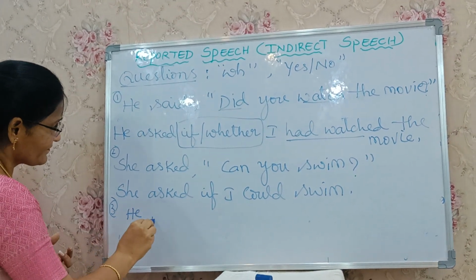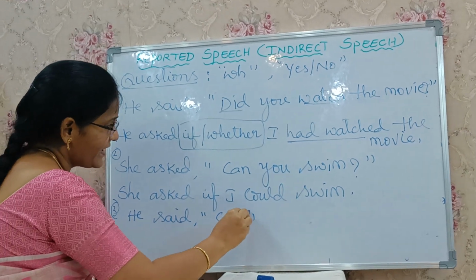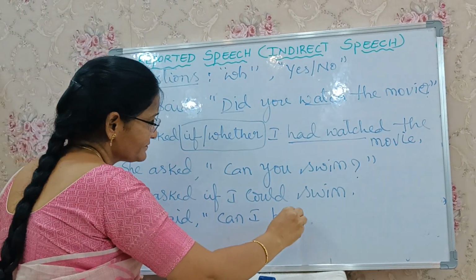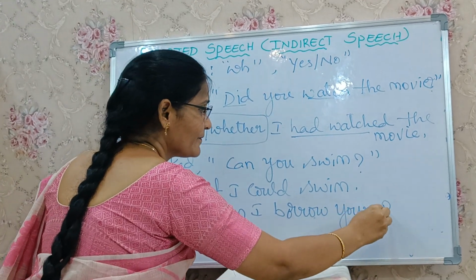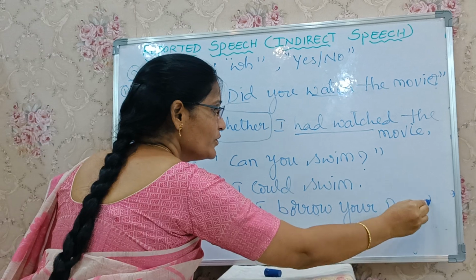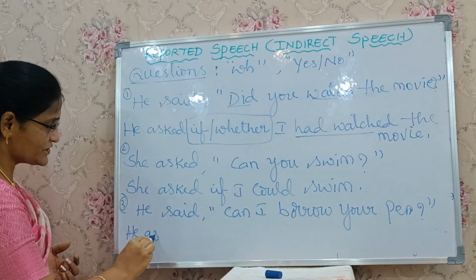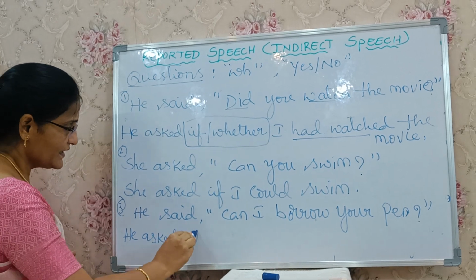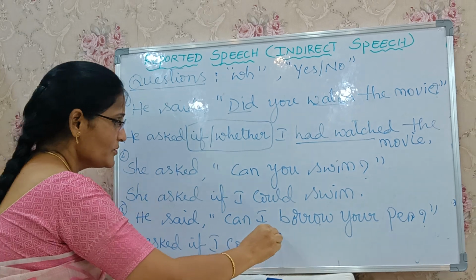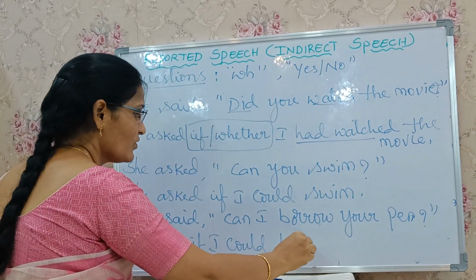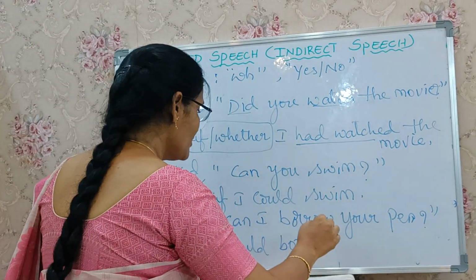One more example I will give you to make it very clear. He said, can I borrow your pen? Can I borrow your pen? Yes, here the reporting speech: he asked if I could borrow his pen.